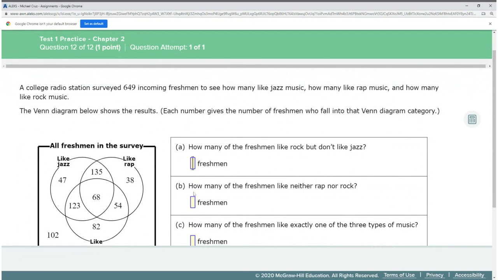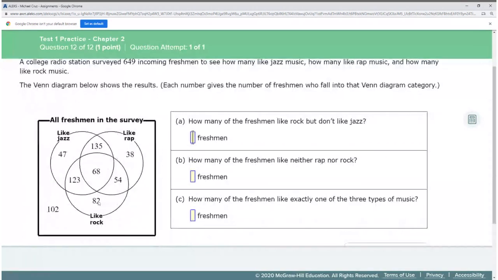So we got to take these out of the mix. So it's going to be these two here, 82 and 54. They don't say rock only, so it includes the rap. So 82 and 54 is 136.